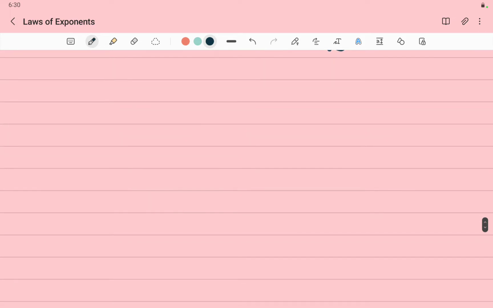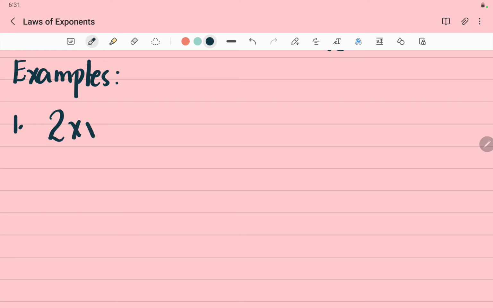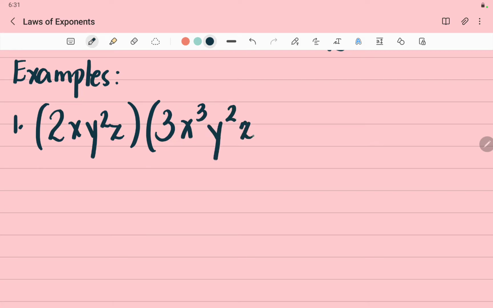Next, what if we combine all those laws from 1 to 8? Let's say a combination of any laws, 2 or 3 laws of exponents. Let's say we have number 1, 2x y squared z times 3x cubed y squared z.